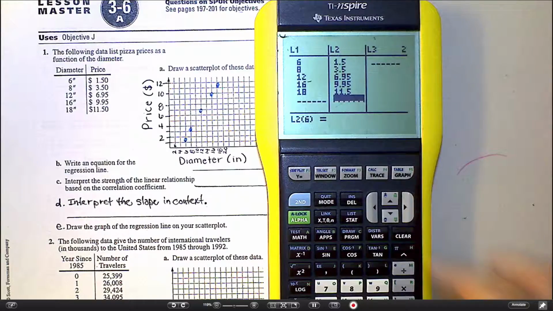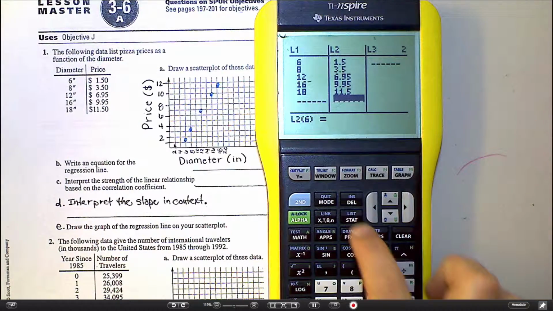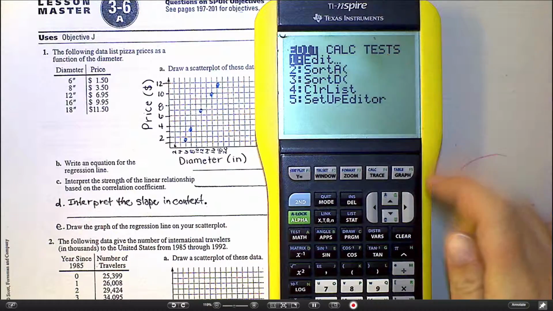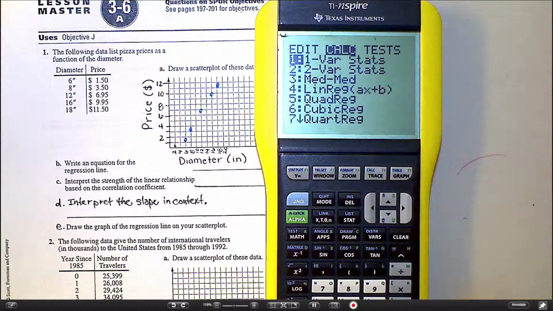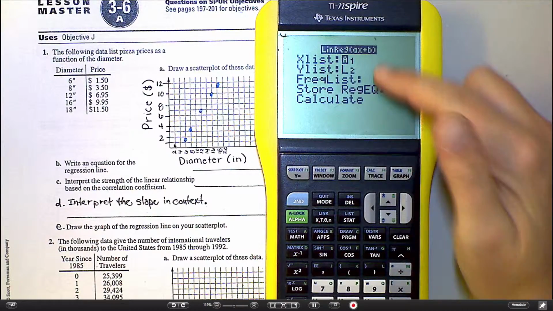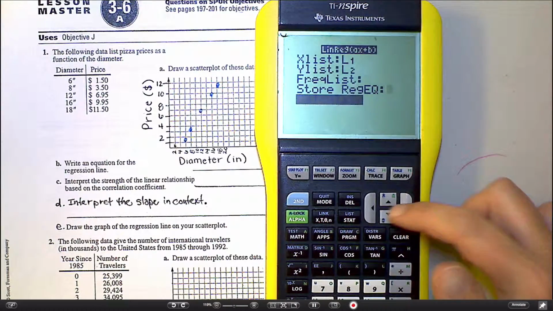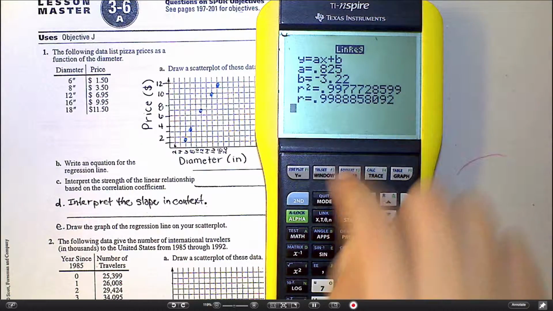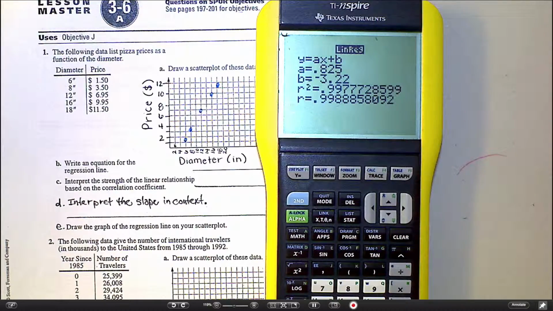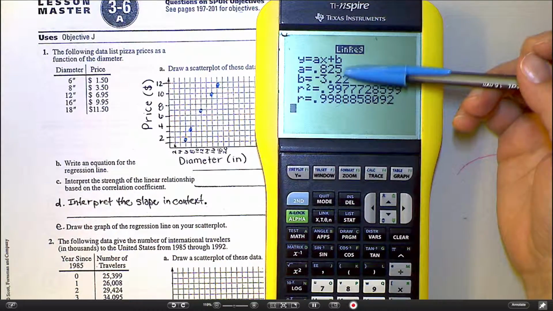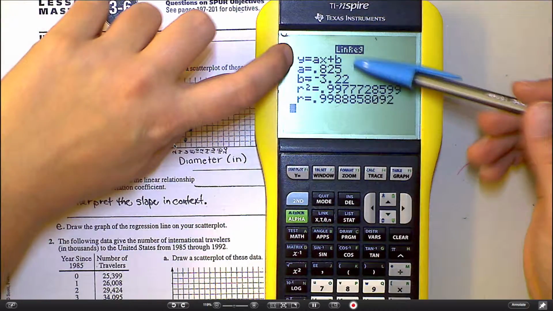Okay? Then to get my equation, I'm going to go back to Stat, over to Calc, and then option number 4, line of regression. On mine, I have this screen. I have to go down here and hit calculate. On some of them, if it just comes up looking like that LinReg thing up at the top, you can just hit enter. Remember that the A and the B are the things I need for my equation, and it's telling you here where they go.